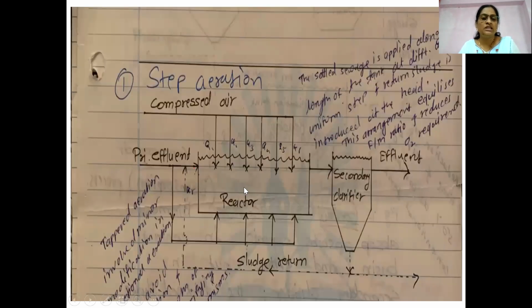Okay. So in this step aeration, what we are doing, incoming sewage and the applied oxygen, both we are providing in a step by step form. So now here this much sewage has been added. So I'm saying here this much amount of sewage we have added. Okay, so required oxygen will be this much.